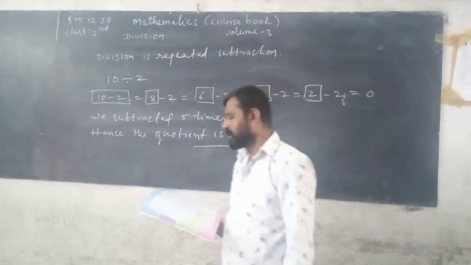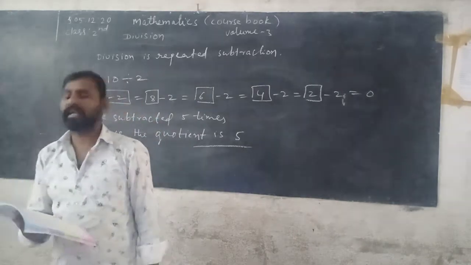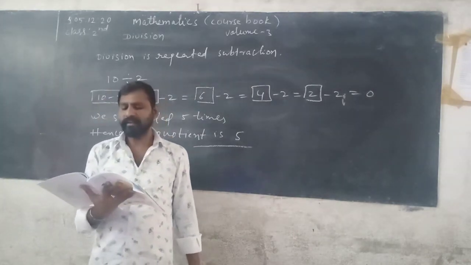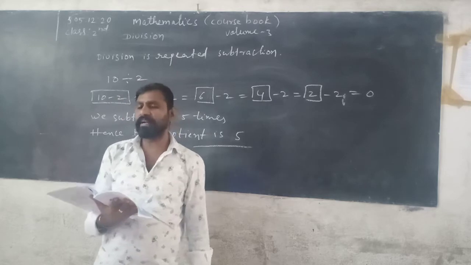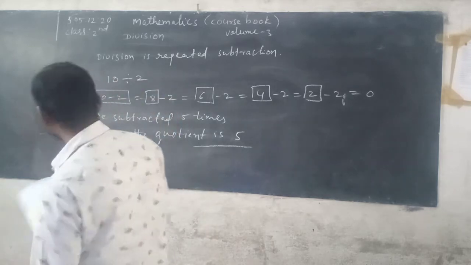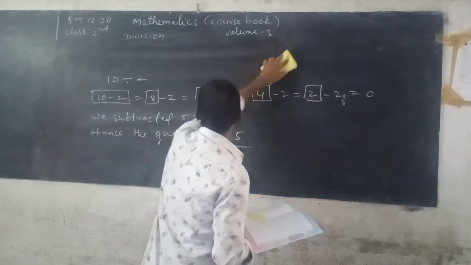Now next, long division without a remainder. Listen carefully. What will you do if you have to divide 45 by 5?